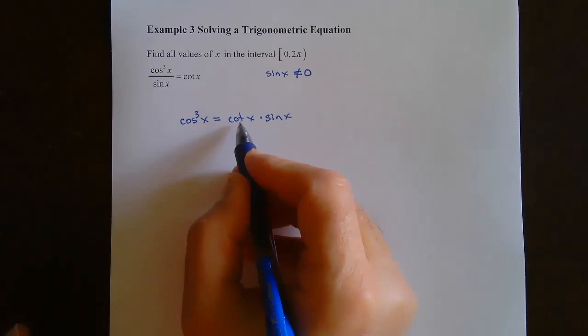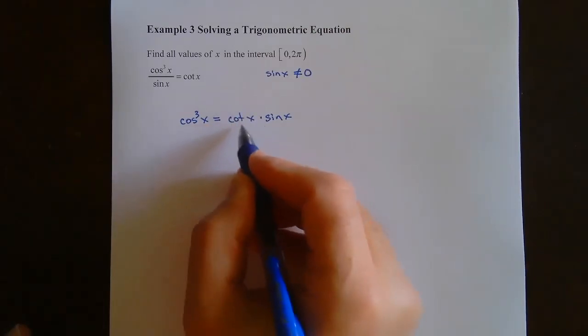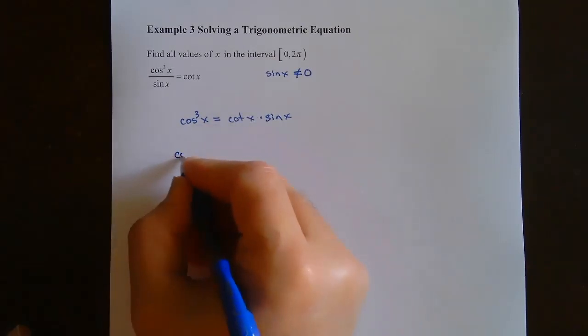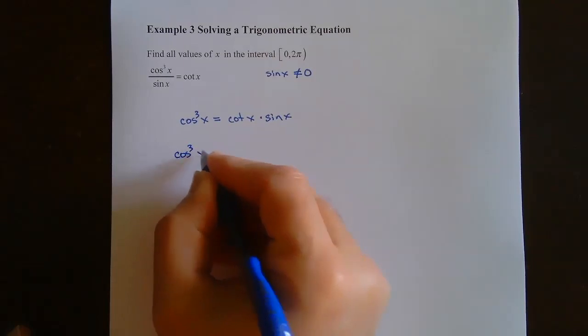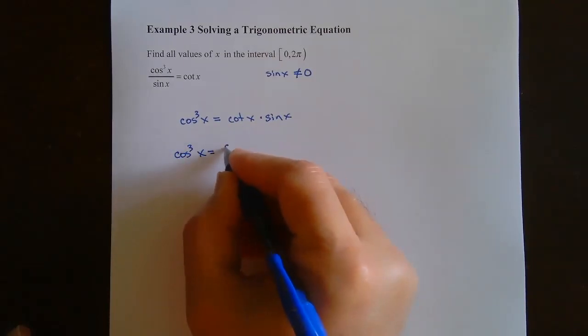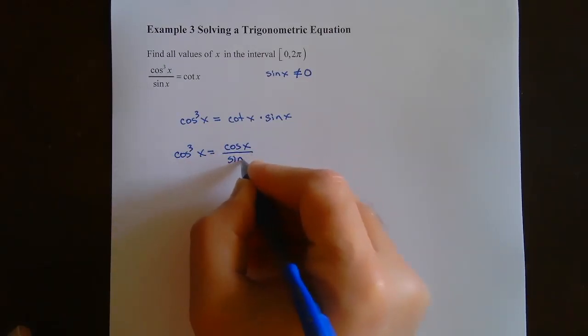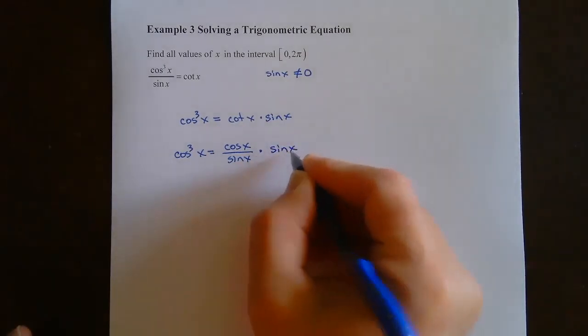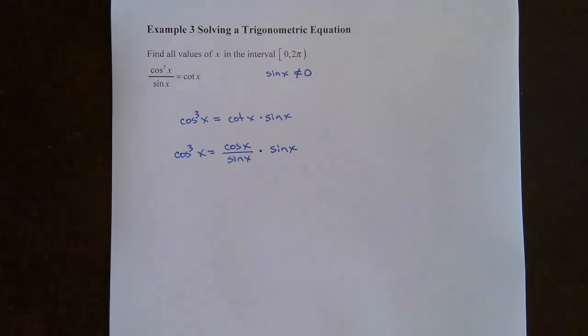So what we can do is we're not going to change this one. This cotangent x is an identity, right? Cotangent x is cosine x over sine x. So I can replace that, okay? So that's what we're going to do here. So cosine cubed x is equal to, and then this is cosine x over sine of x times sine of x, okay?